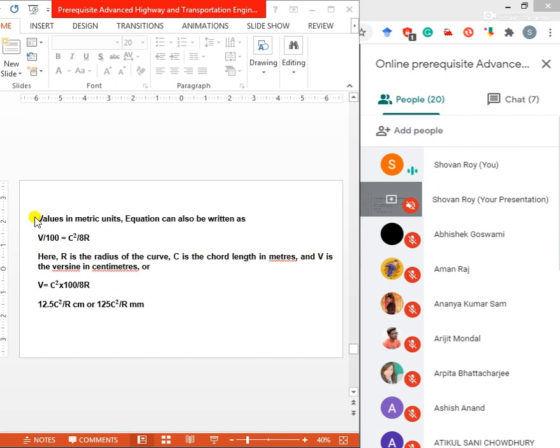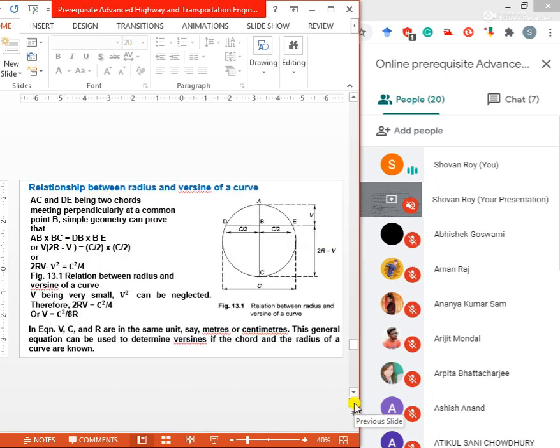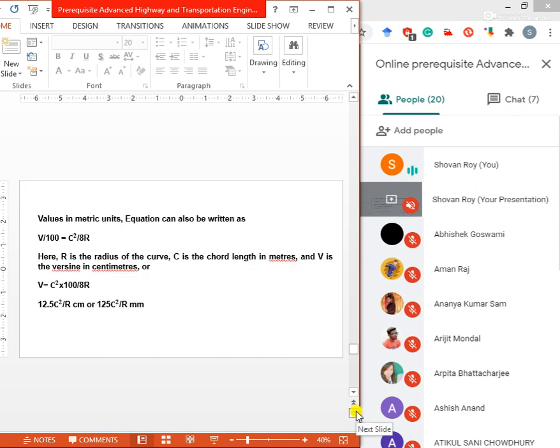If we use the equation V/100 = C²/8R, then R is the radius of the curve, C is the chord length in meters, and V is the Versine in centimeters.